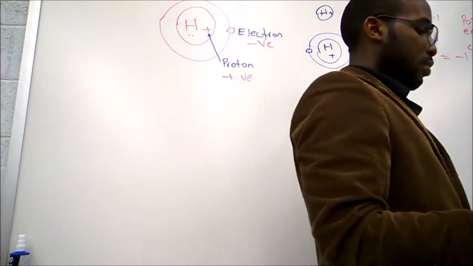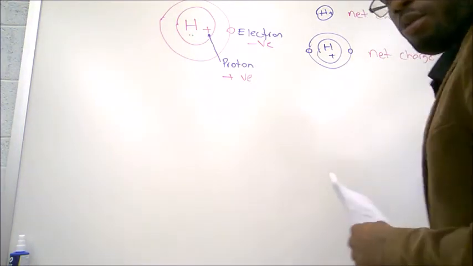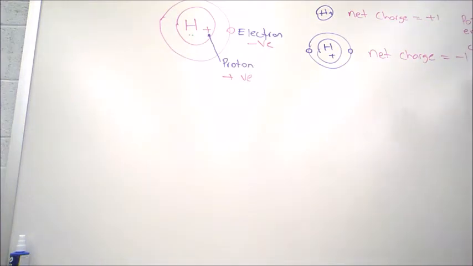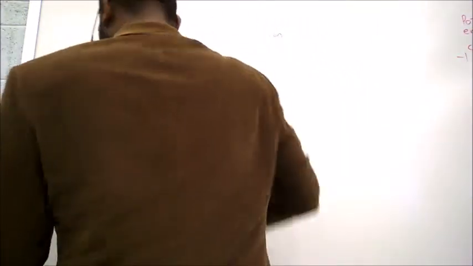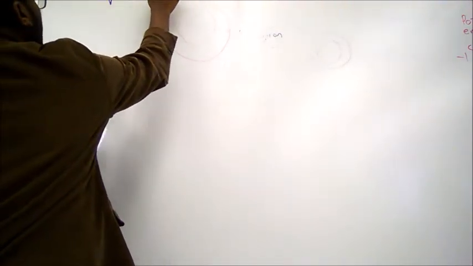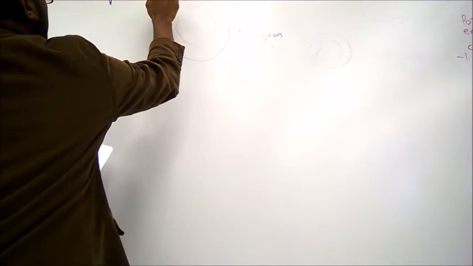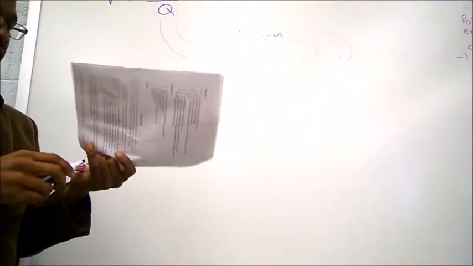Okay, so I'll put down a formula for voltage. Let me move the hydrogen over here. Voltage is the work produced for every coulomb of charge that flows.